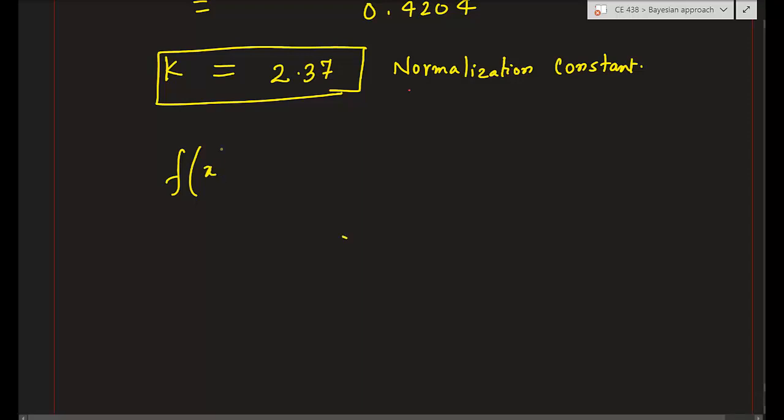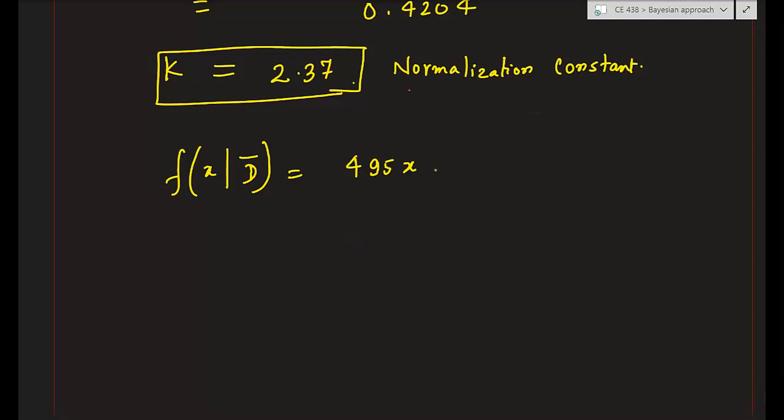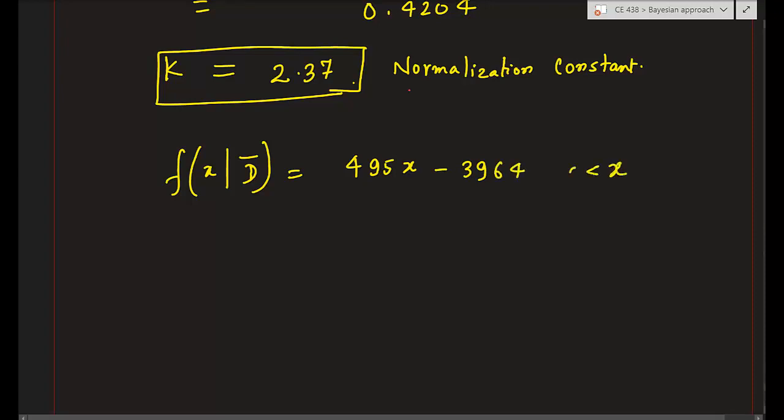So f(x), the posterior distribution given that this has not been detected, is 495x minus 39.64 when x lies between 0 to 0.06.